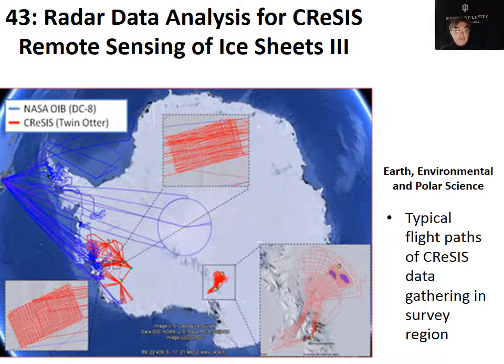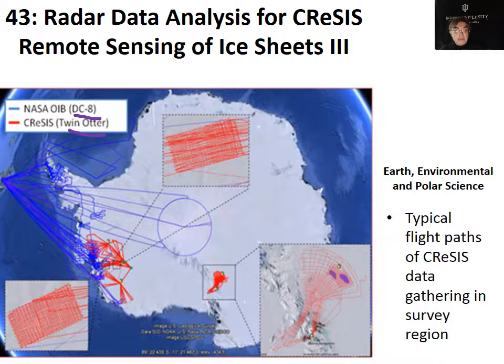Here is the use of GIS. Typically when you have your basic map, you can click on the map and get more detail. These particular things here map the paths of the aircraft, which in this case are either DC-8 or Twin Otter. The NSF organization I work with used the Twin Otter, and NASA has done similar.